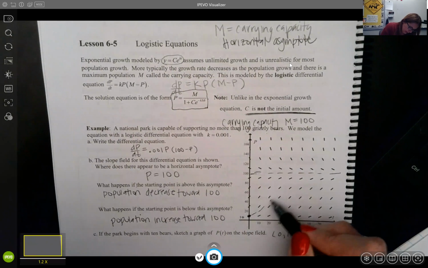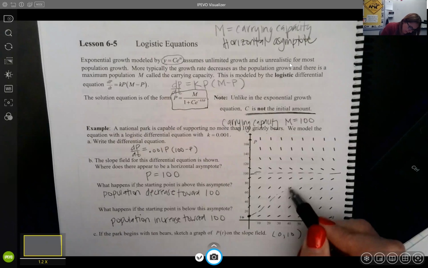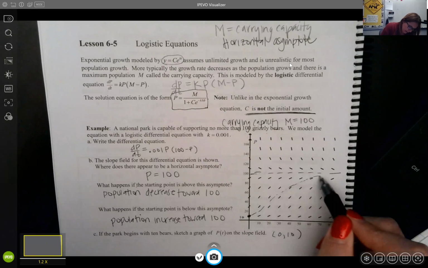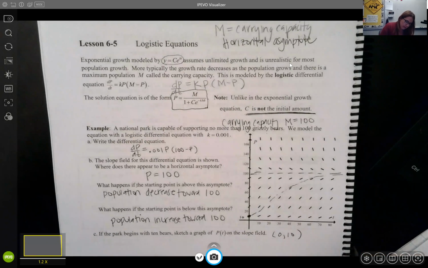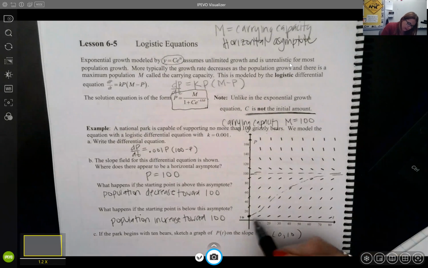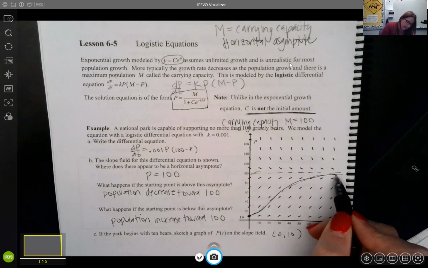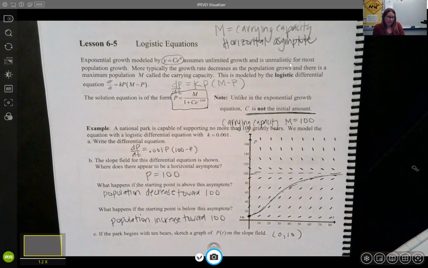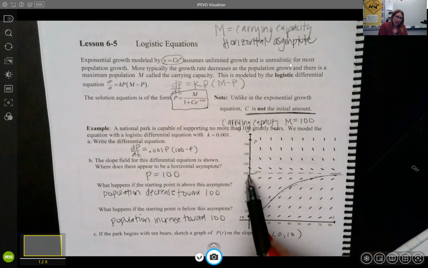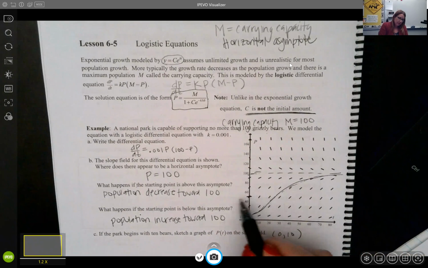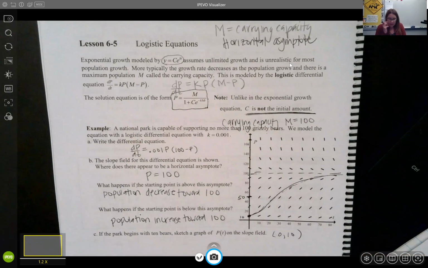Okay, and then notice that this is going to start to level off a little bit up until we get to here. So the logistic growth model is going to go slow for a minute, and then it will look like this. Okay, so if the carrying capacity is 100, then at 50, something's going to happen.